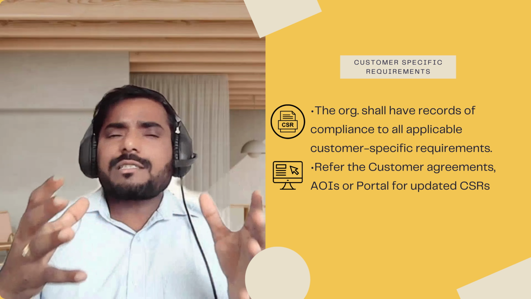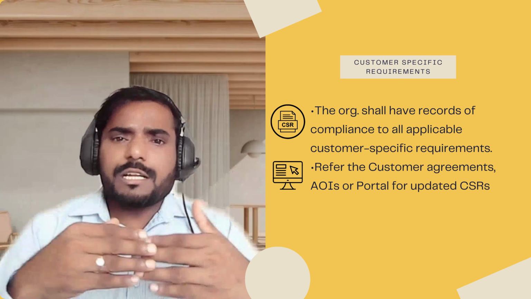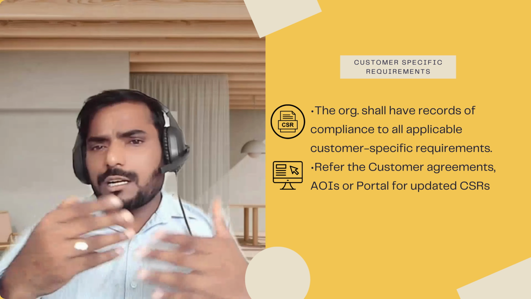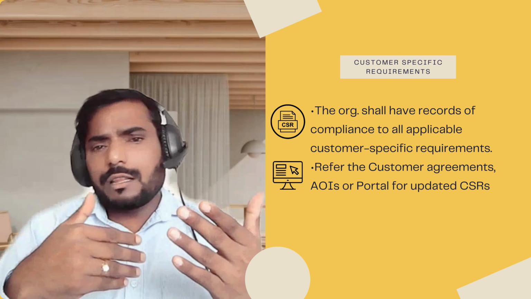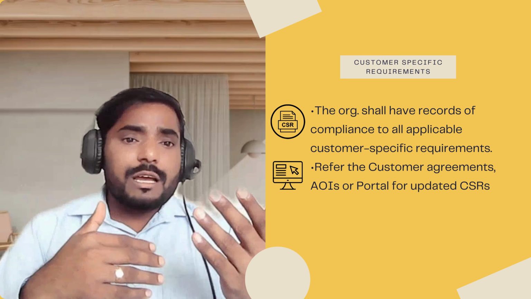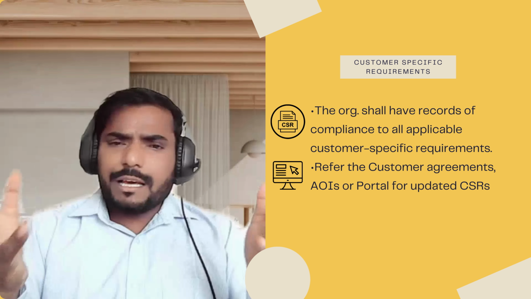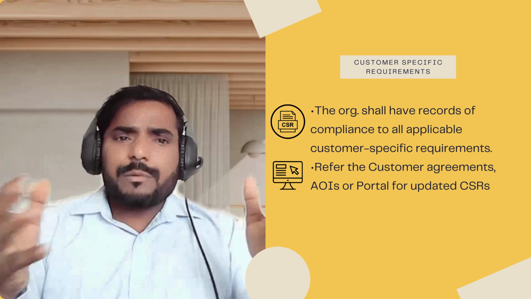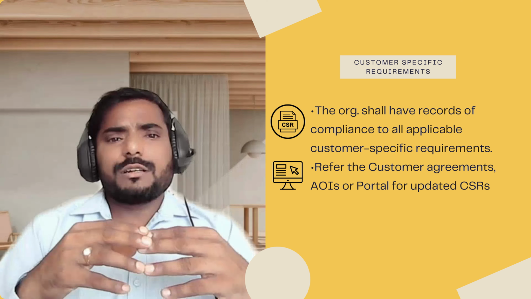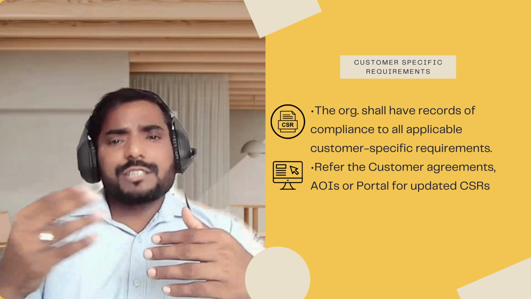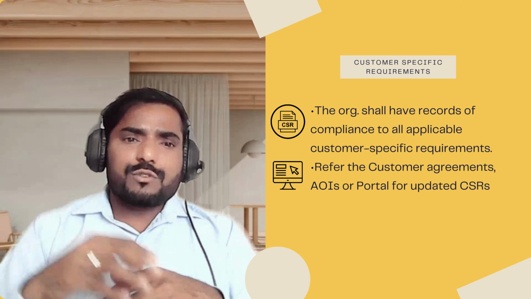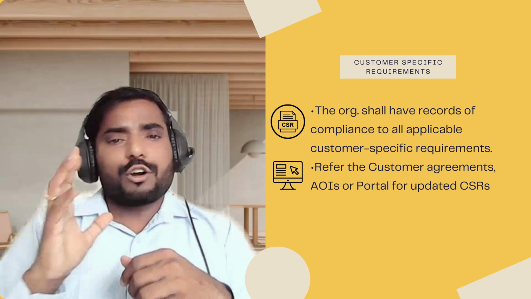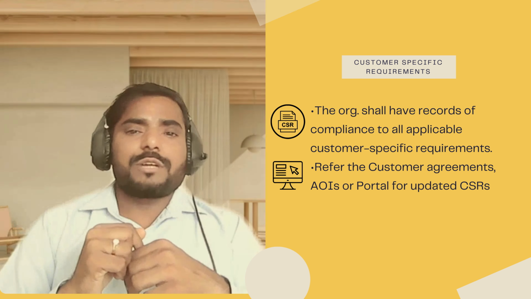These requirements can come in terms of process capability studies, FMEAs, putting the controls, testing, inspection, sampling plans, agreement of inspections, or any other type of agreements, right, with the customer. So all these requirements need to be captured, met and sustained by the organization. So these points should be verified by the auditor as a part of the customer specific requirements.